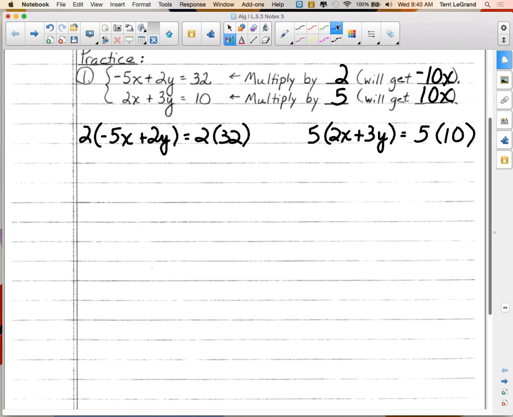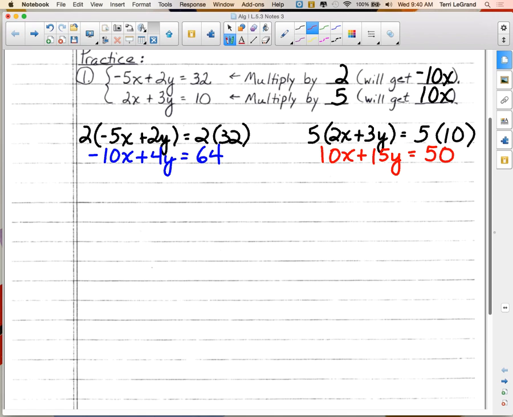So the first one's new name will be negative 10x plus 4y equals 64. The second equation's new name will be 10x plus 15y equals 50.